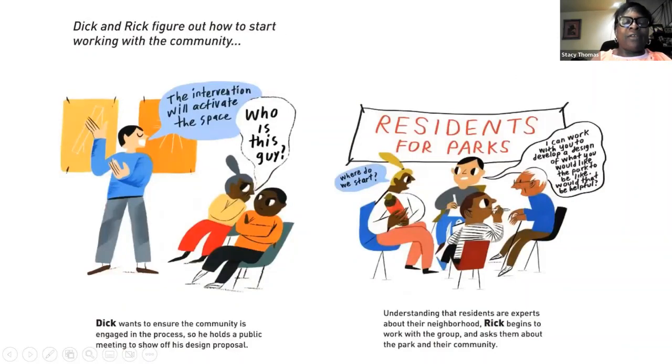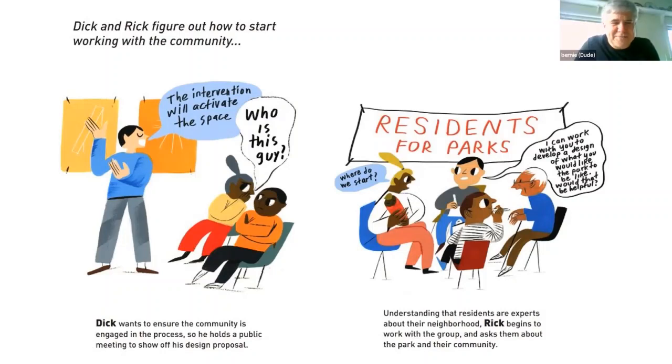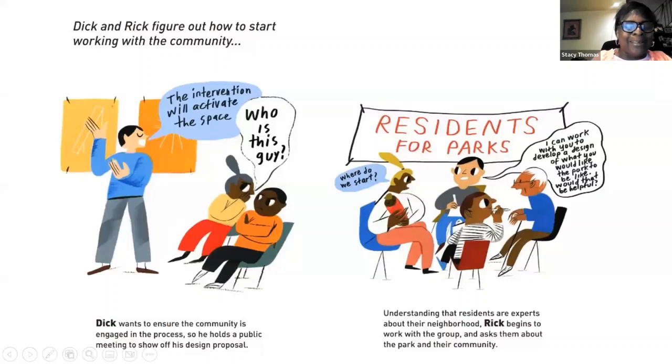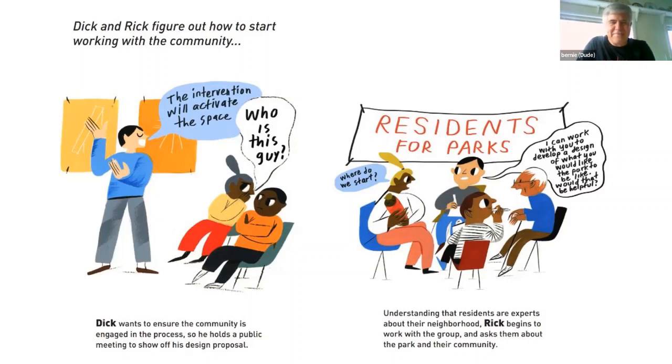Dick and Rick figure out how to start working with the community. The intervention will activate the space. Well, and then there's two neighbors sitting down there of a different demographic who say, "Who is this guy?"